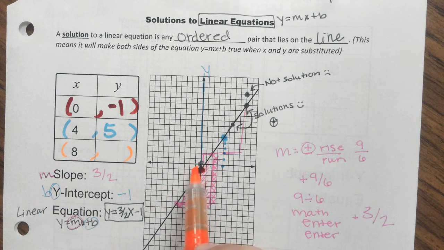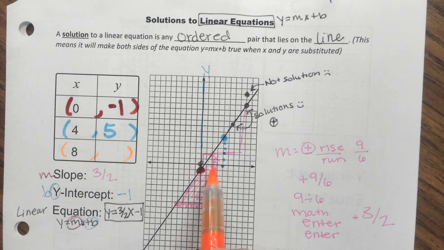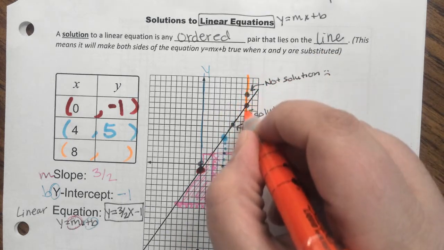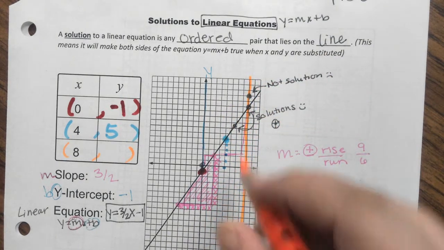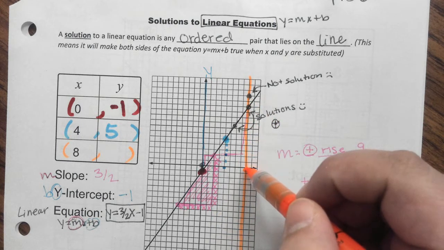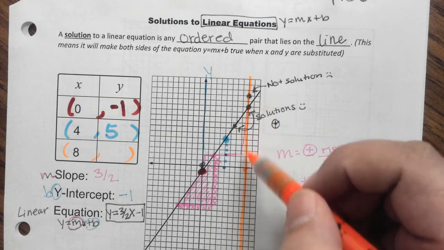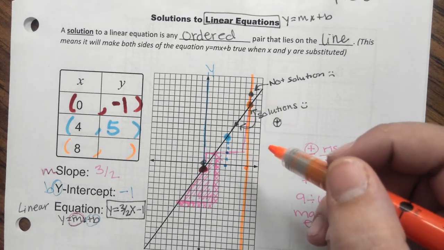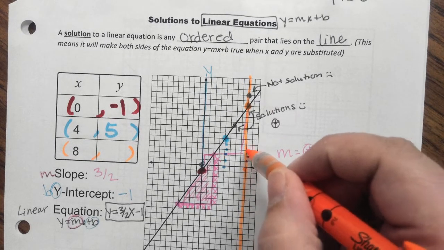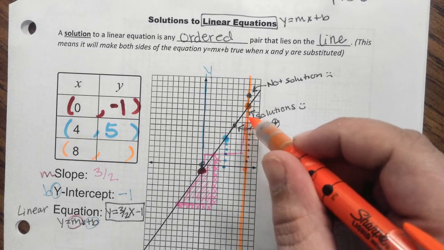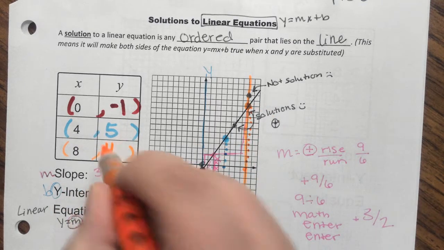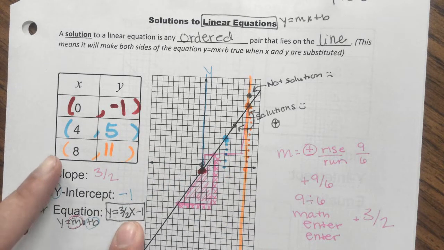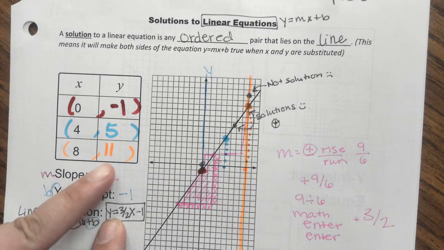We're going to the right because it's positive 8 times. 1, 2, 3, 4, 5, 6, 7, 8. So I know I'm on this line. To find the point where x is equal to 8 on this line, that would be right here. And that has a y value of 1, 2, 3, 4, 5, 6, 7, 8, 9, 10, 11. That would mean that whenever x is equal to 8, y is equal to 11.